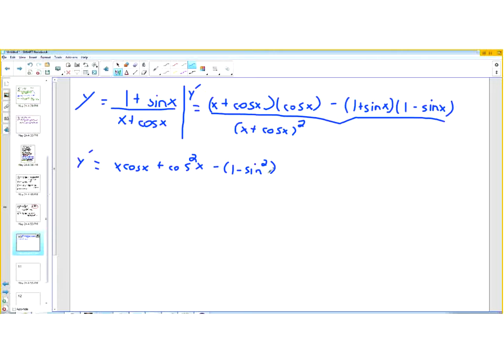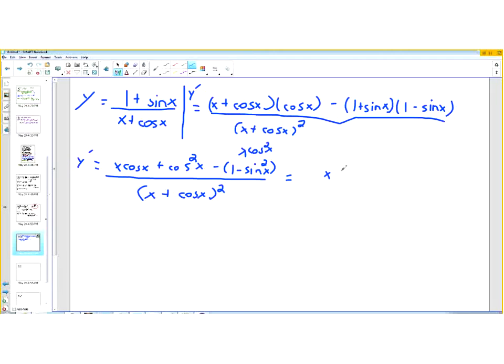Okay, and we know that 1 minus sine squared x is equal to cosine squared x, all divided by x plus cosine x squared. And simplifying, well, let's see, it looks like the cosine squareds will cancel.